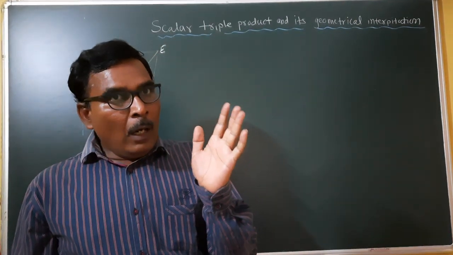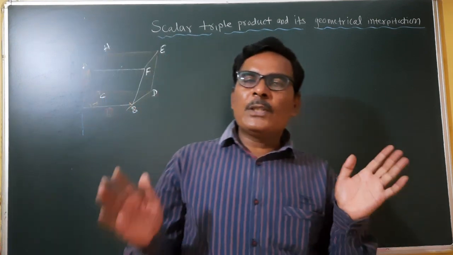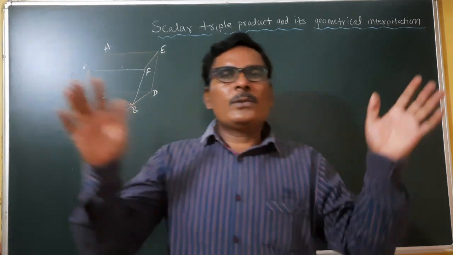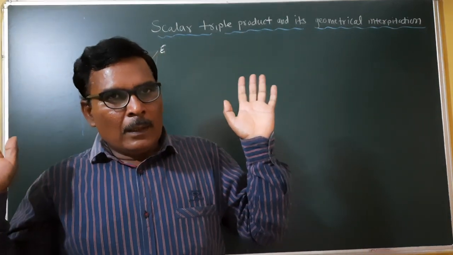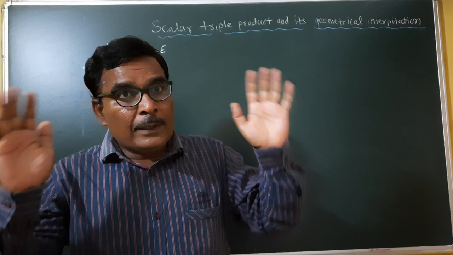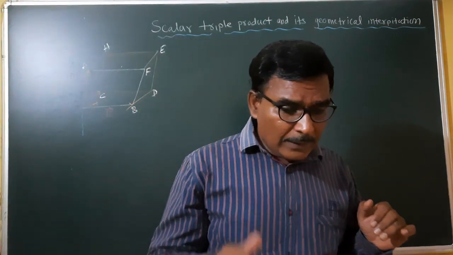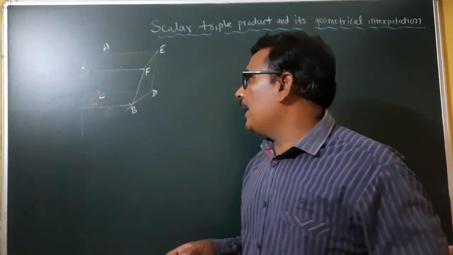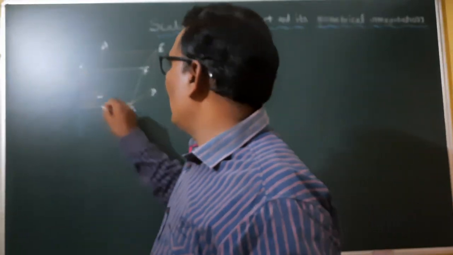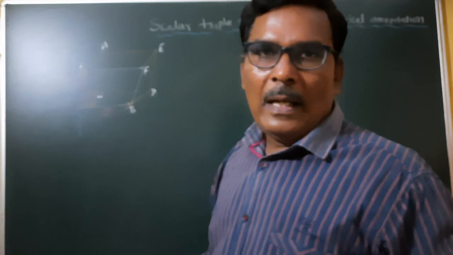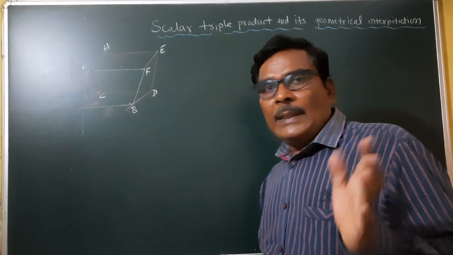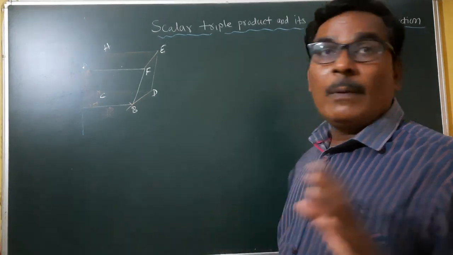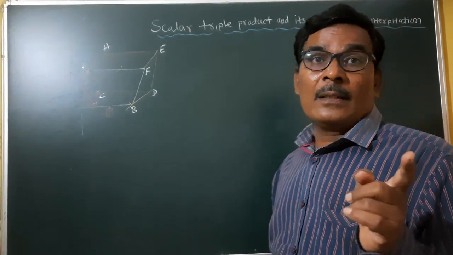How two vectors are multiplied with each other, scalarly or vectorly, we studied in the last video. Now, when there are three vectors, A bar, B bar and C bar, we know that B bar cross C bar is a vector.